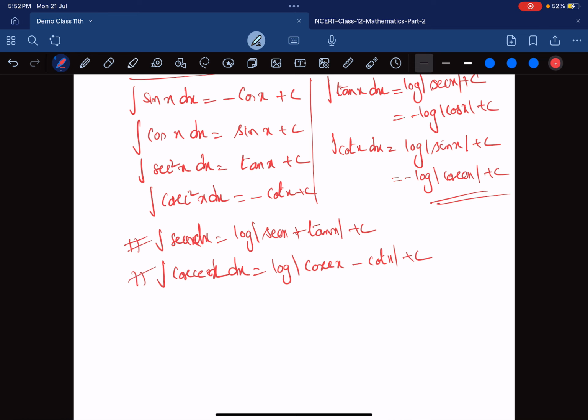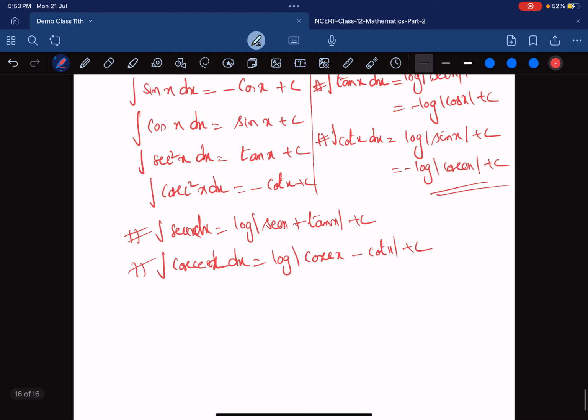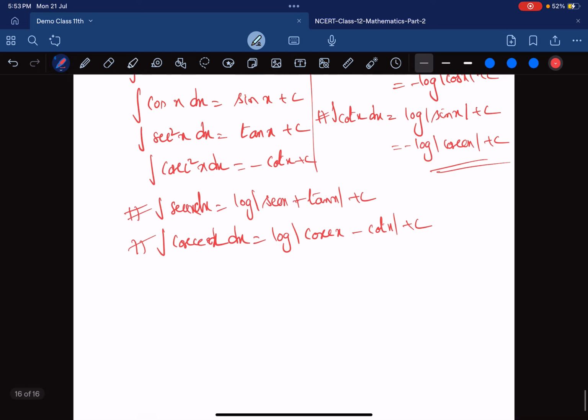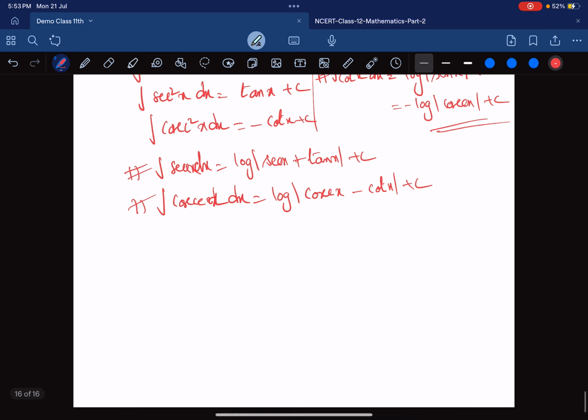These formulas are derived using the substitution method, and we can prove that. So these are the trigonometric formulas.